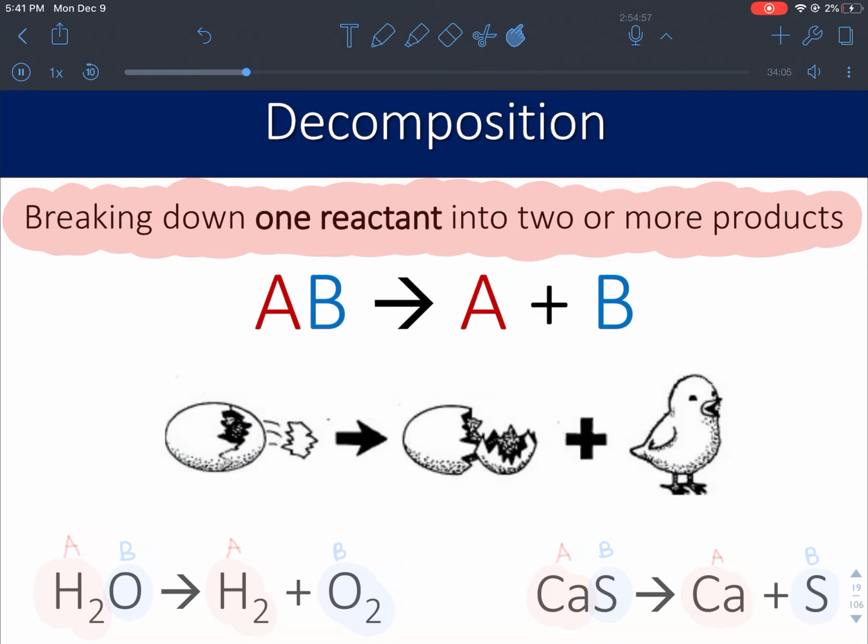So here, again, hydrogen's like my A, oxygen's like my B. So we have one compound breaking down into its different parts. And again, over here, same difference. Calcium is my A, and sulfur is my B. It works out and follows that same pattern. You have one thing breaking down into multiple things.